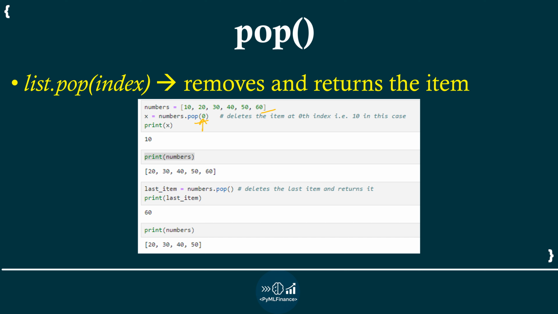Whatever item is removed from index 0 is returned and assigned to the variable x, and if you print x you will get the removed item. Now if you check the list, you don't have 10 in the 0th position, so 10 is removed. By default, if you don't give any index, it deletes the last item and returns it. So if you pop without giving any index, the last item, that is 60, is removed from the list.